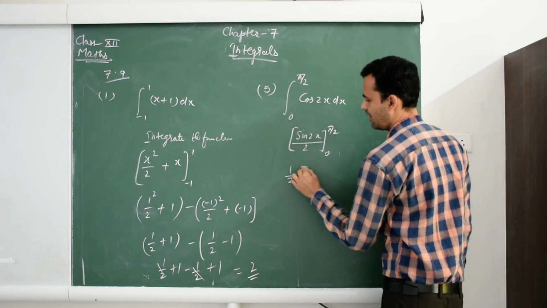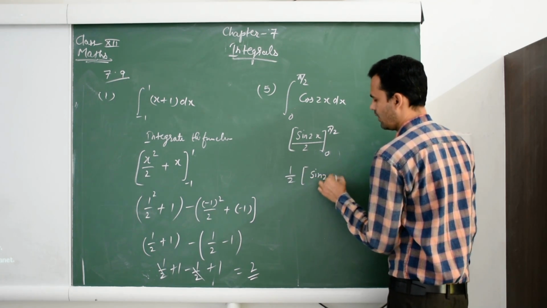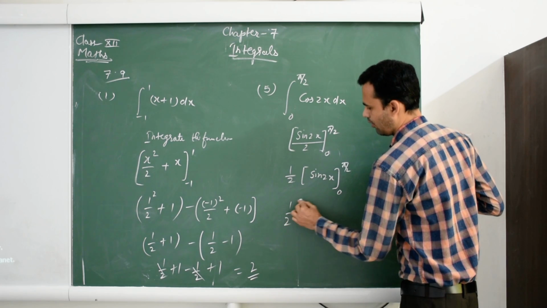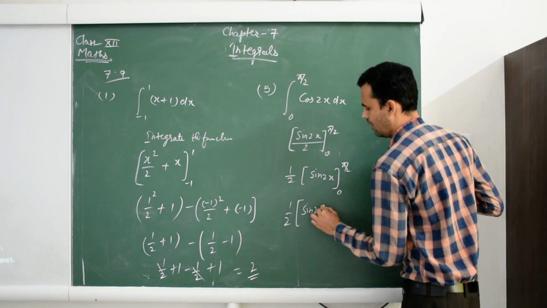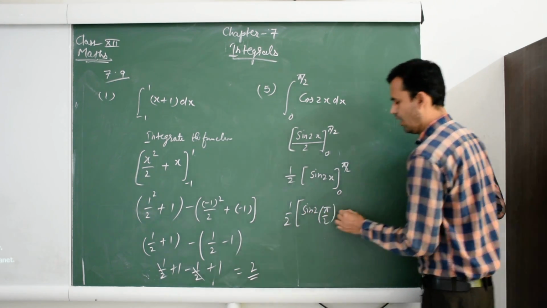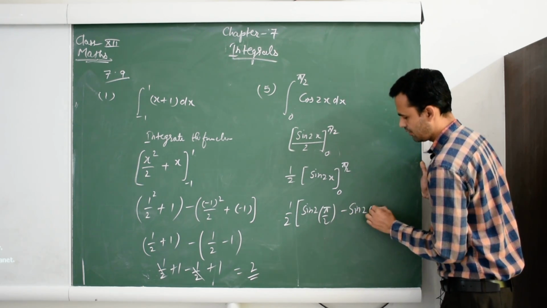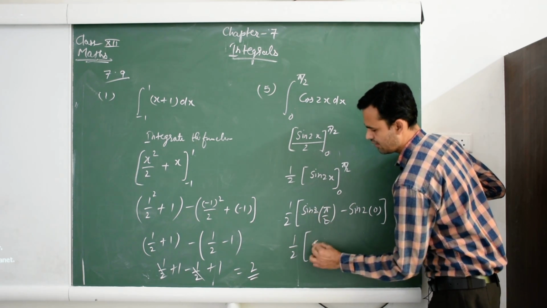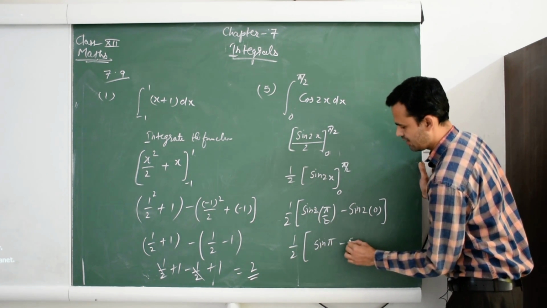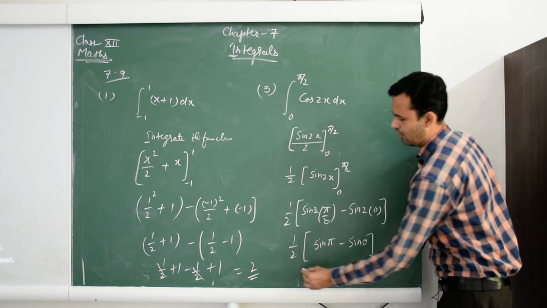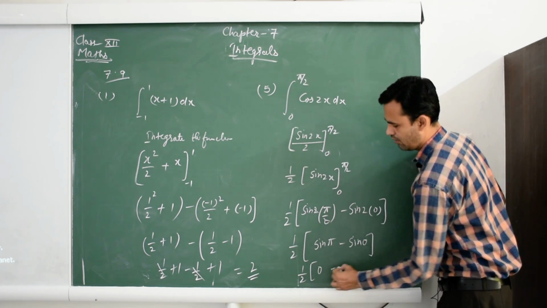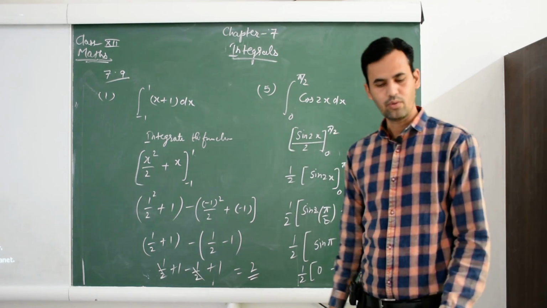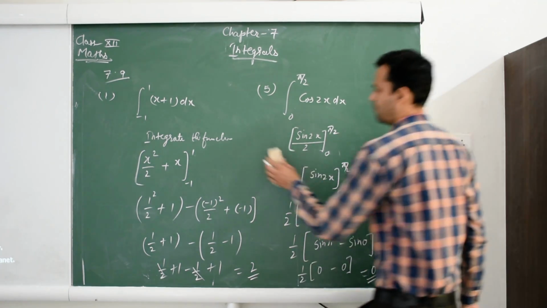We write it as 1 by 2 sin 2x from 0 to pi by 2. Now we put the upper limit pi by 2 minus the lower limit. So 1 by 2, sin pi minus sin 0. The value of sin pi is 0 and sin 0 is also 0, so the answer is 0.